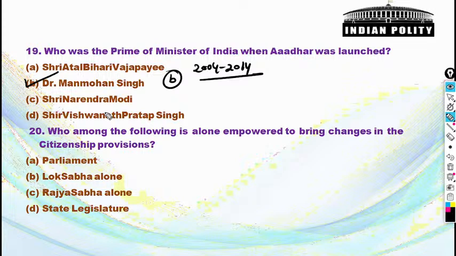Who among the following is alone empowered to bring changes in the citizenship provisions? Parliament alone, under Article 11. So Parliament, Lok Sabha and Rajya Sabha alone. The State legislature has no power, because citizenship is a Union subject.